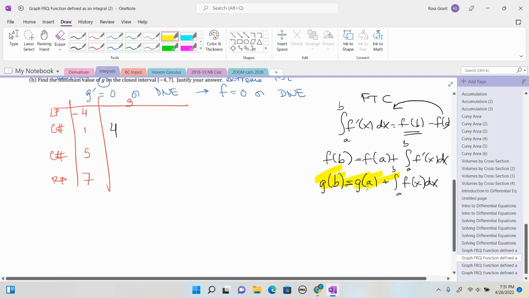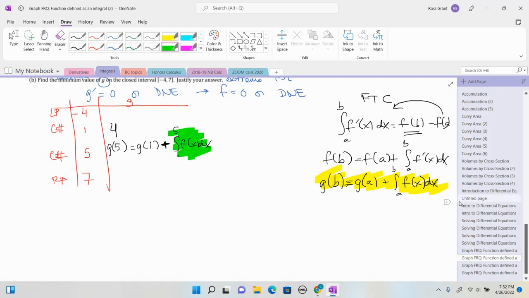This is the key to this problem. So if I want to know what the final amount of g at 5 is, let's take this starting amount of g at 1, which we know, and let's add on everything that accumulated from 1 to 5.